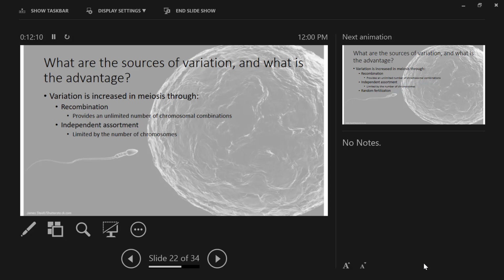Now, independent assortment, and these are gamete mechanisms. Let me show you independent assortment for a moment. I'm going to call our chromosomes P and M, the paternal and the maternal. So we've got chromosome 1, and we'll call this 1P and 1M. You've got the paternal and the maternal version of that chromosome.